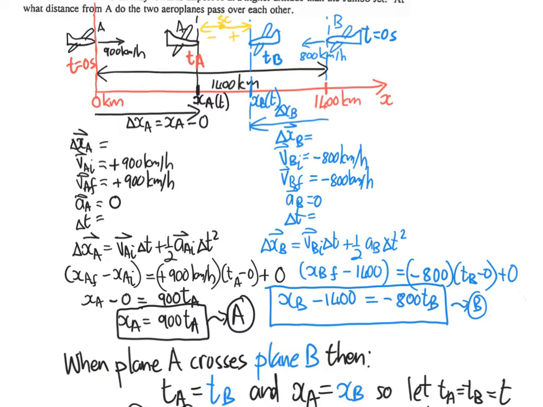Remember, velocity is a vector, so we must assign a direction according to our sign convention, and then delta t, ta minus t equals 0 is delta t for aircraft A. tb is the time that aircraft B has flown minus its initial time t equals 0, and by the way, tb and ta are going to be the same for the time being in my adjusted problem.